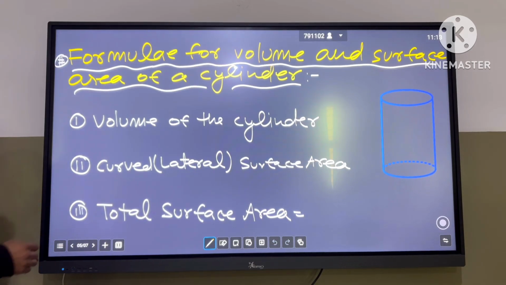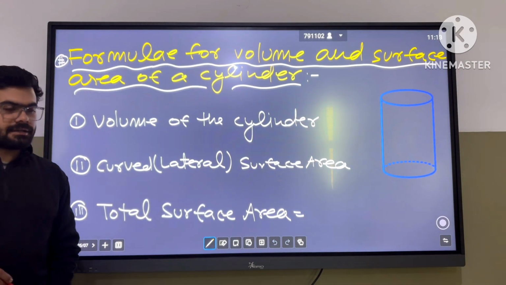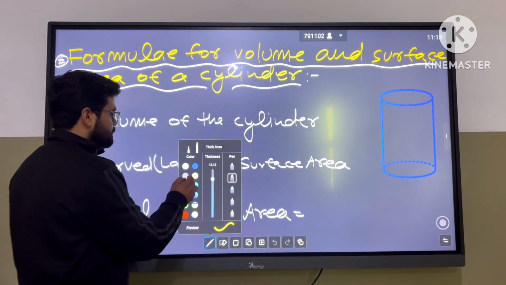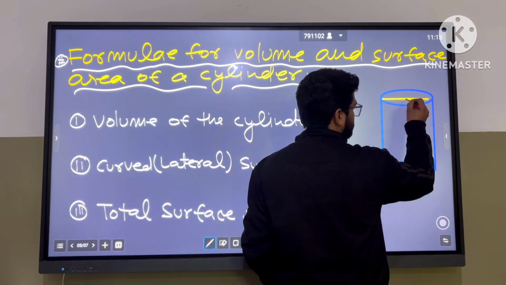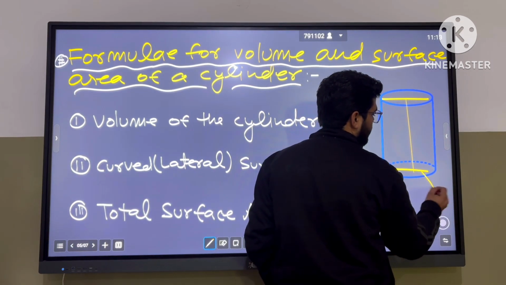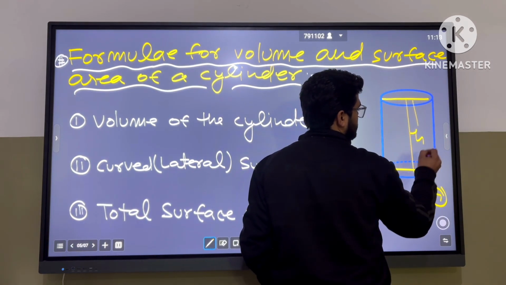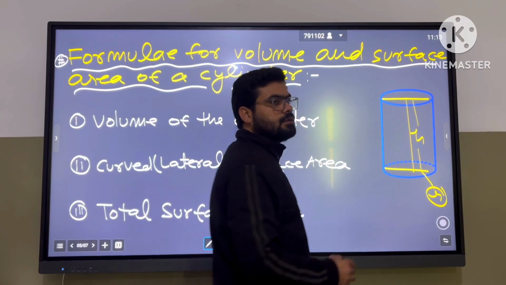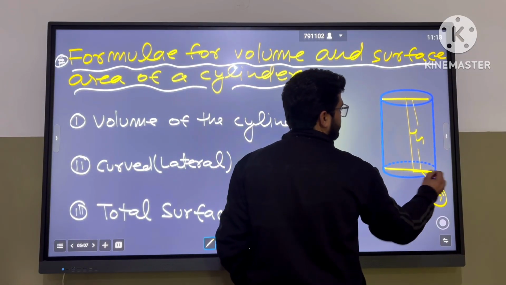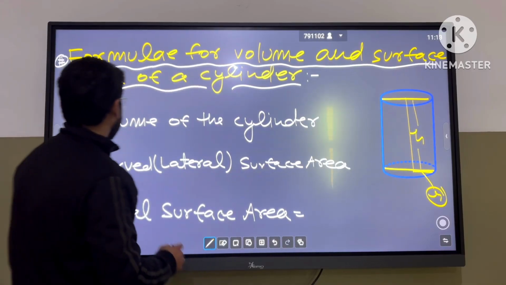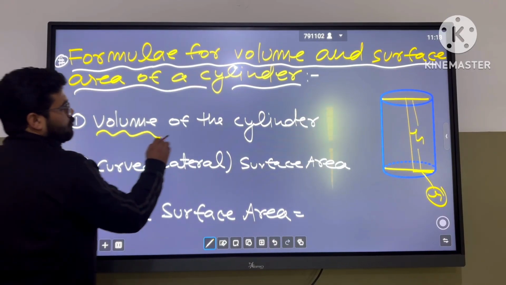Volume of the cylinder, lateral surface area of the cylinder, and total surface area of the cylinder. Suppose the cylinder has a radius r and a height h. This is the height between the two circular cross sections, and this is the radius.